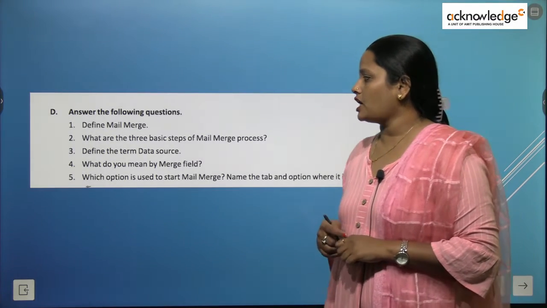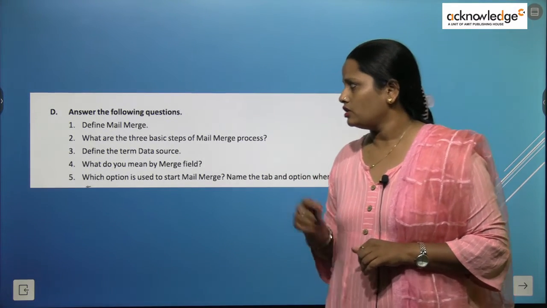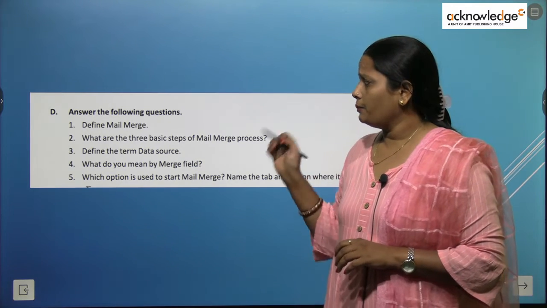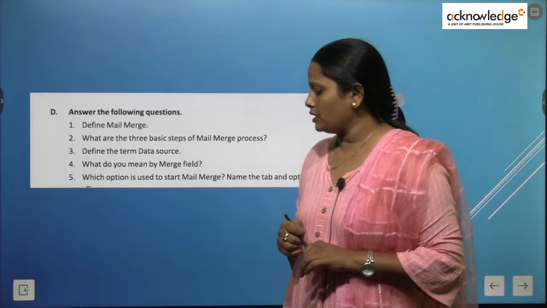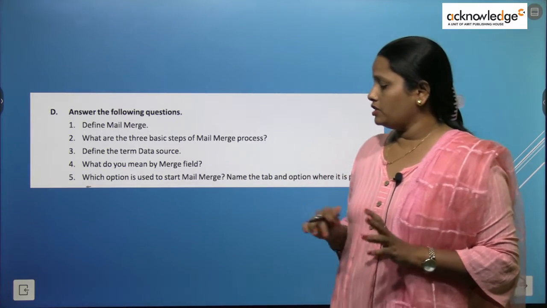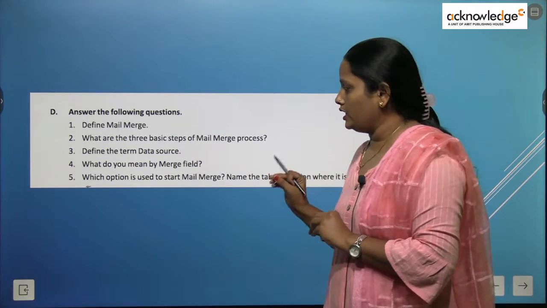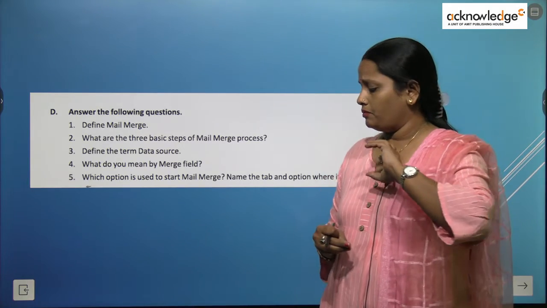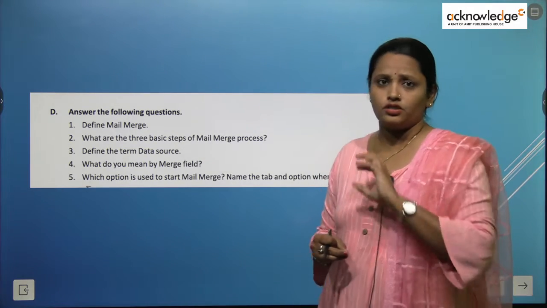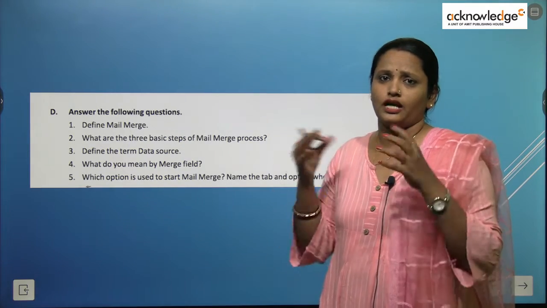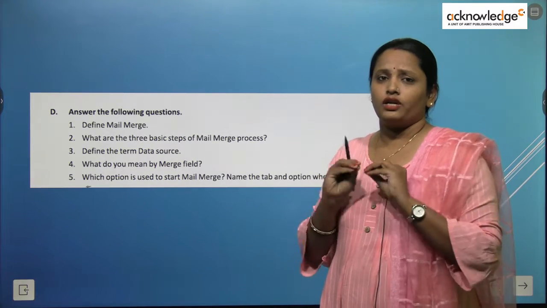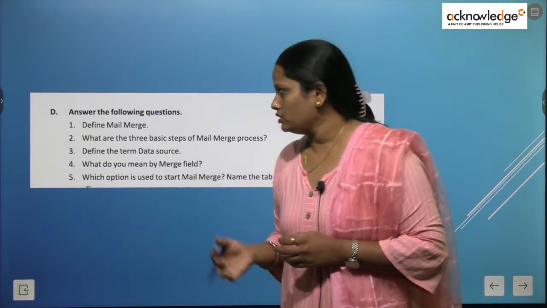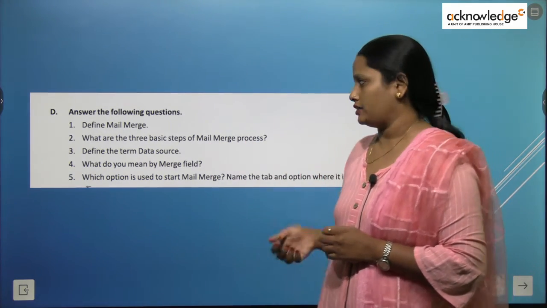Now let's come to question and answer. First question: define mail merge. So what is mail merge? Mail merge lets you quickly create multiple copies of letters or emails or the documents that we want. We can create different copies of that.